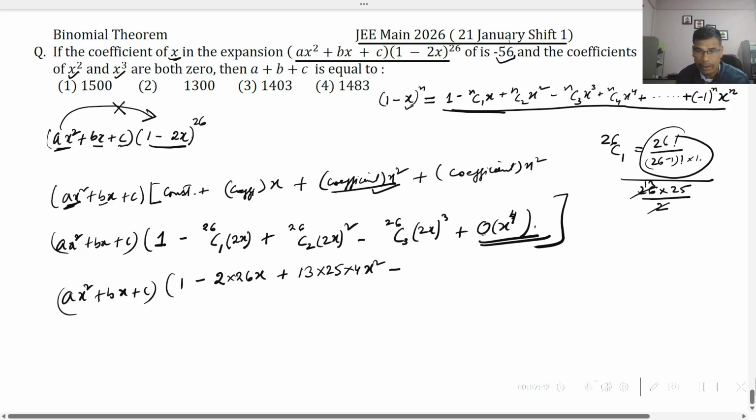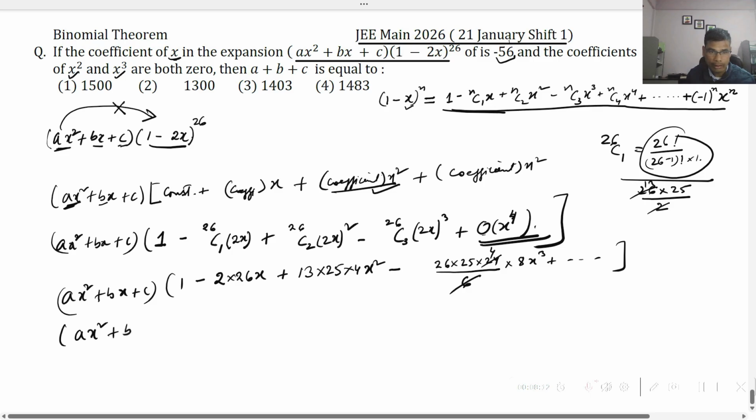Then next, minus 26C3, so here also it will be 26 into 25 into 24 divided by 3 factorial, which is 6, then into 8x to the power 3. So if we simplify this, 6 into 4, 24. Let me write one more step.